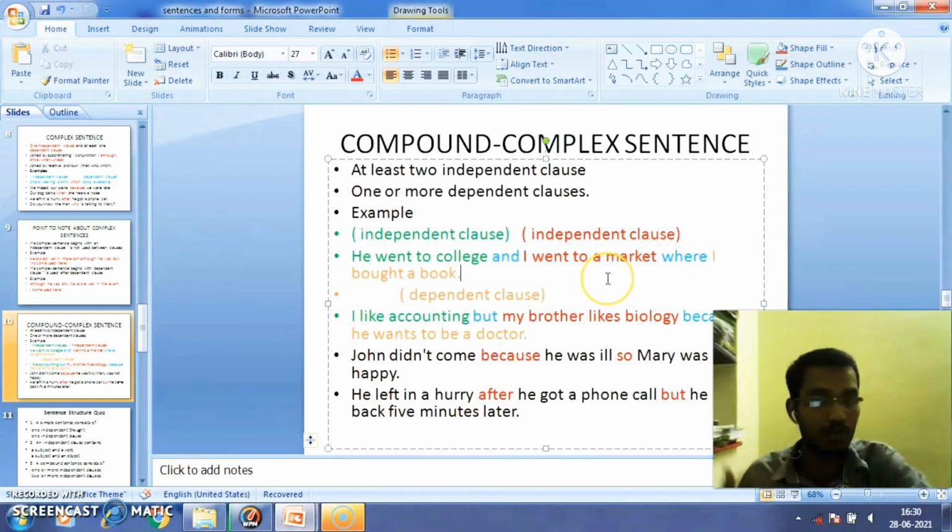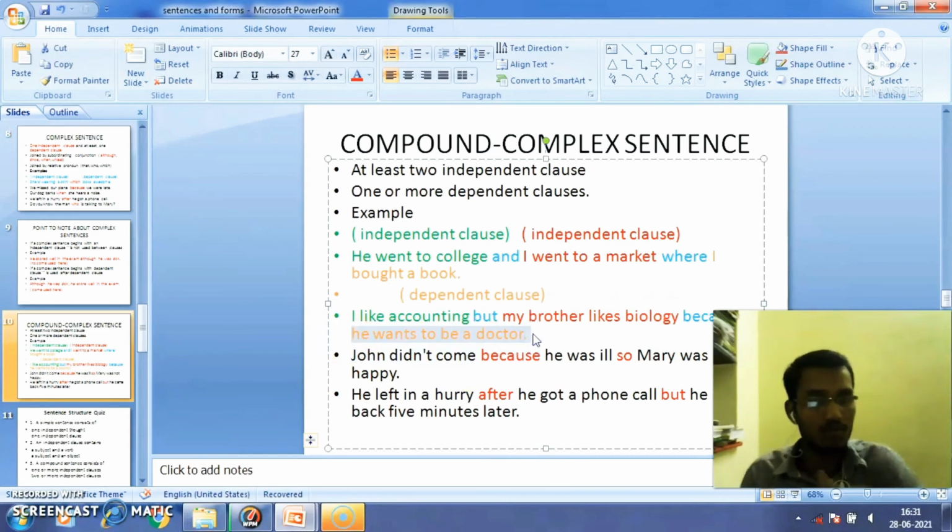Because the clause where I bought a new book depends upon the previous clause, that is, the independent clause. That is what you have to remember. One more example, I like accounting but my brother likes biology because he wants to be a doctor. If I say he wants to be a doctor, what happens?